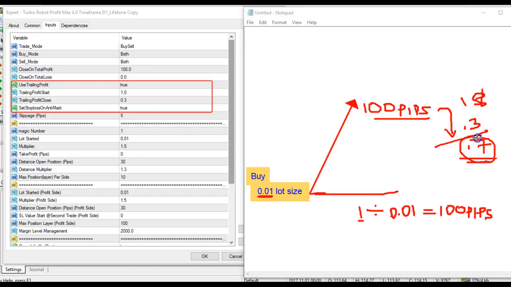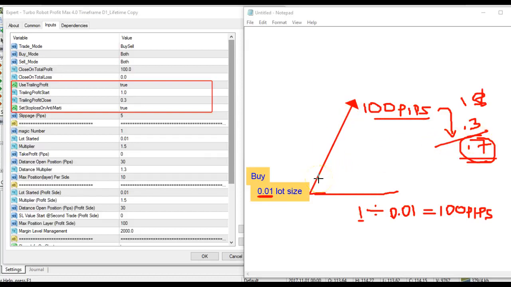So this is your take home, whereby all the trades here, if this is the first lot size, you never trigger the second lot size here, the next distance. So this is your total profit.